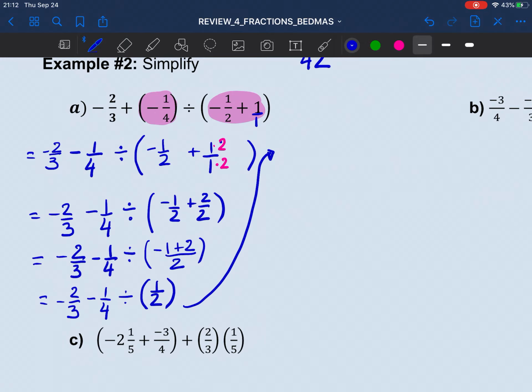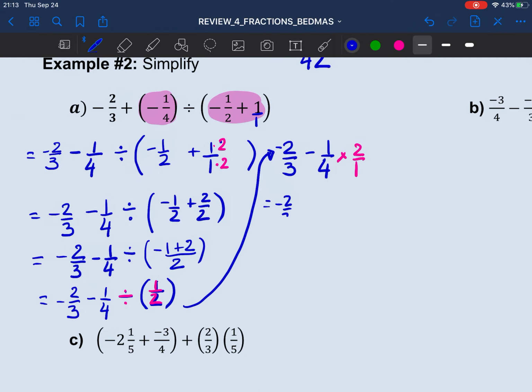And moving on, somewhere here, we need to take care of the next thing, exponents. We don't have any. Division, yes, we do have one, so we'll take care of division now. So we have 2 over 3 negative minus 1 over 4, nothing changes so far. Now the division will switch to multiplication, and the number after the division, the 1 over 2, will change to become 2 over 1.